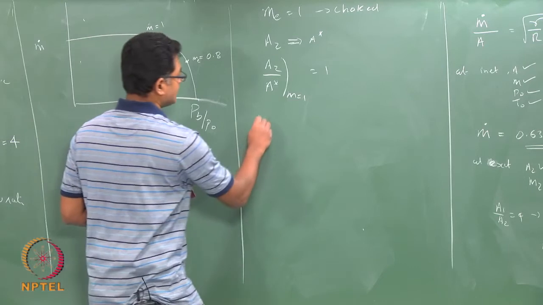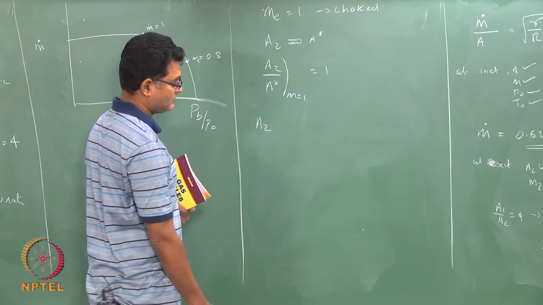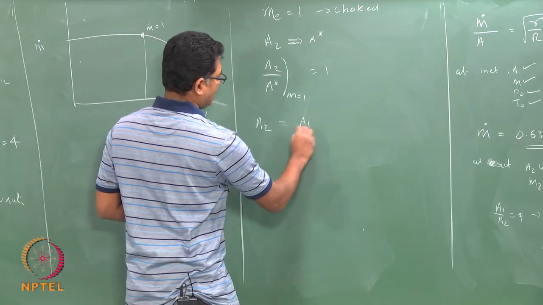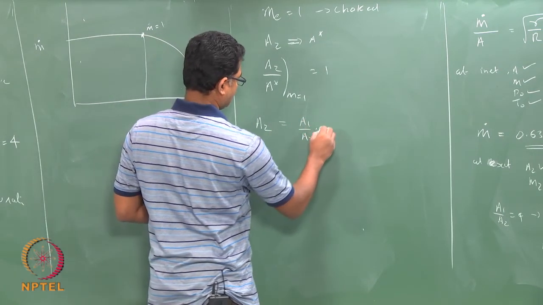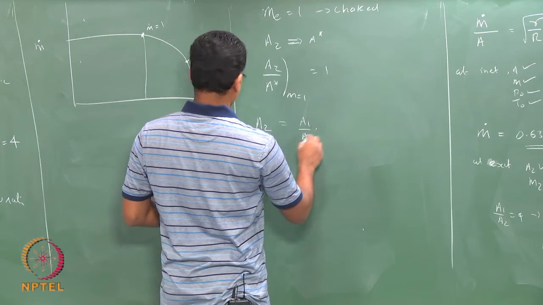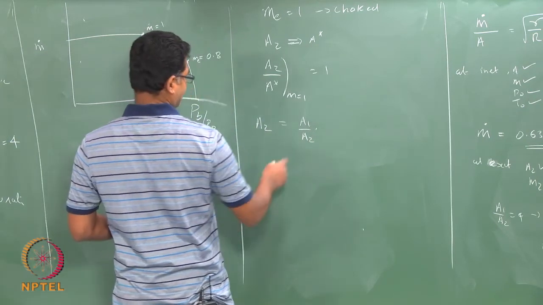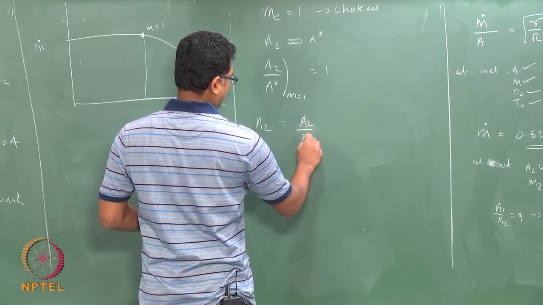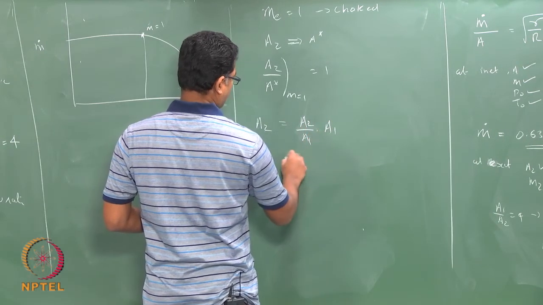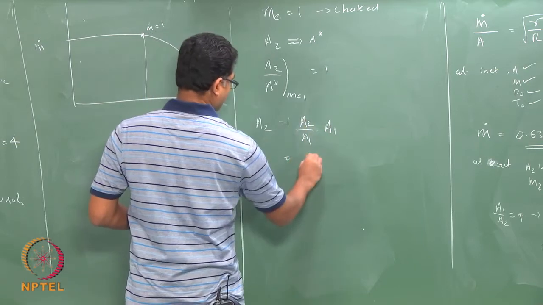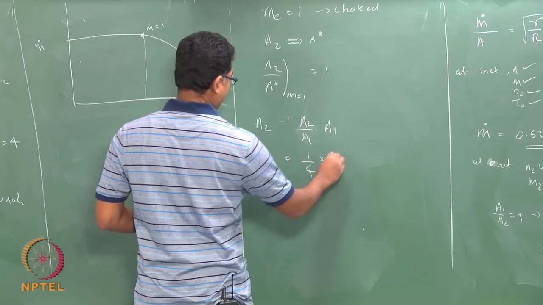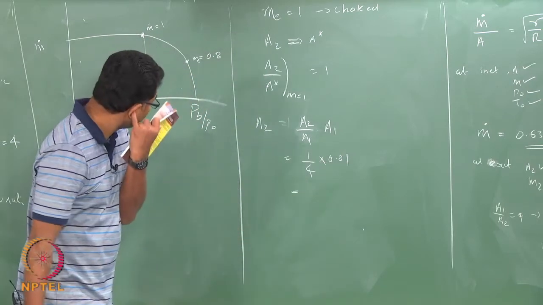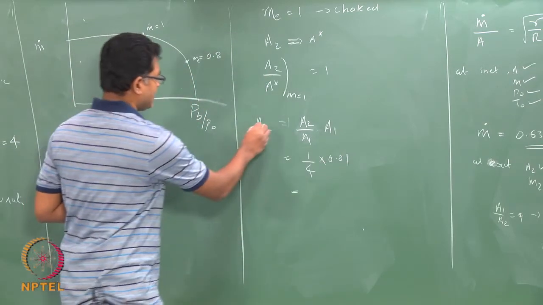Now, A2 is A2 by A1 into A1. This is 1 by 4 into A1, which is 0.01. Okay. So, that is my A2.